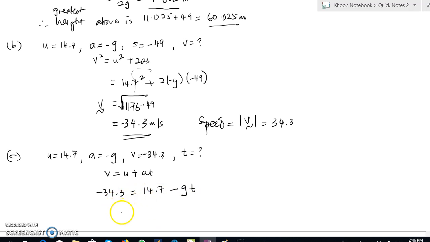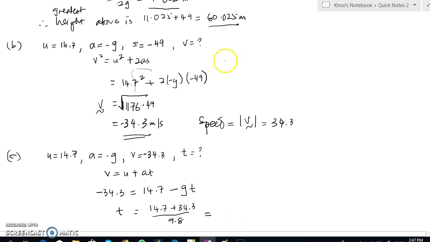Alright, so you notice that t will be equal to 14.7 plus 34.3 divided by 9.8. That gives us an answer of 14.7 plus 34.3 divided by 9.8.